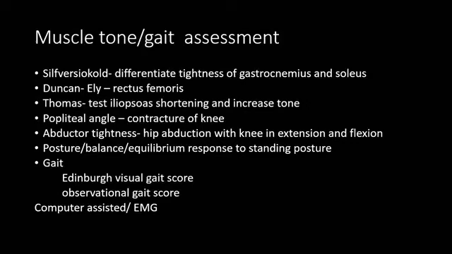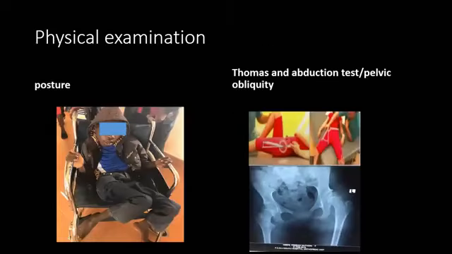For equilibrium, you try to tip them when they are standing or sitting to see whether they can balance themselves. There are various gait assessments, the Edinburgh Visual Gait Score and the Observational Gait Score. The best, of course, which we don't have, is computer-assisted and EMG gait assessment. The computer-based one, I've witnessed it in one of the hospitals in India where I frequently visit.